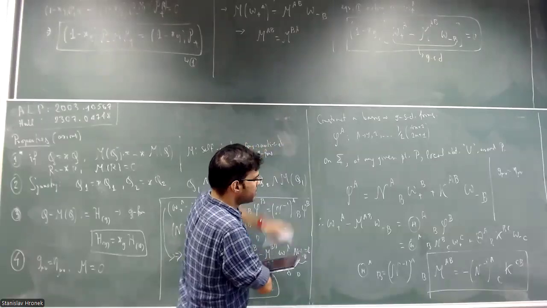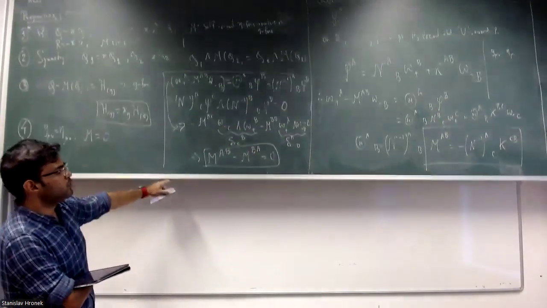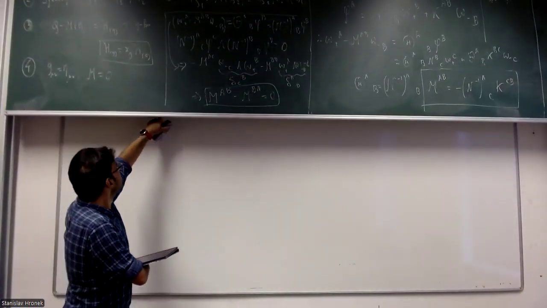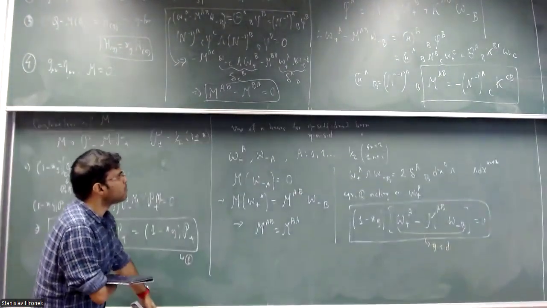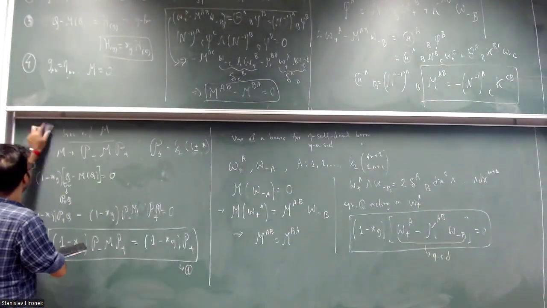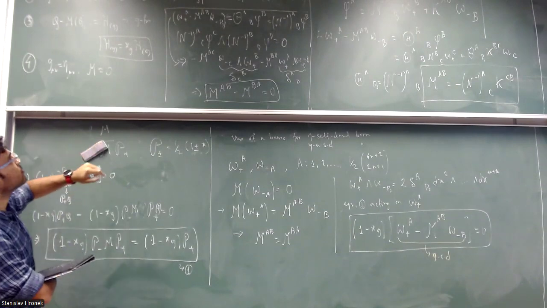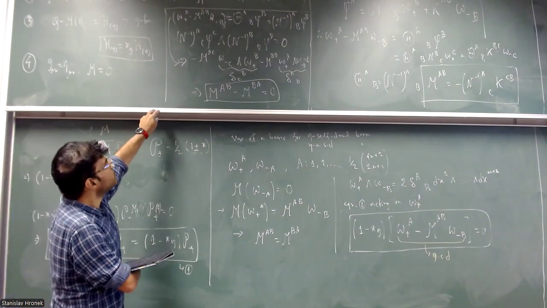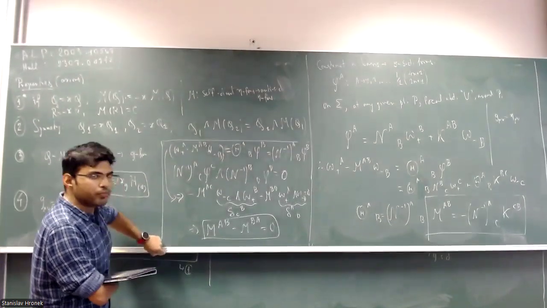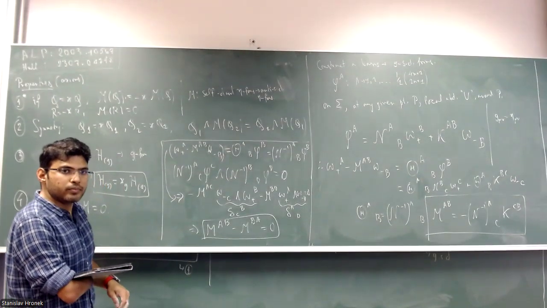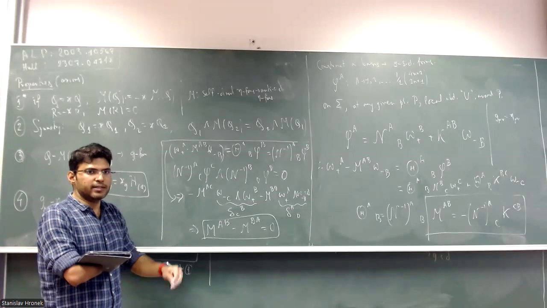Let me make a couple of observations before we move on to discuss the different morphisms. Omega plus and omega minus are 2n plus 1 forms, self-dual and anti-self-dual.